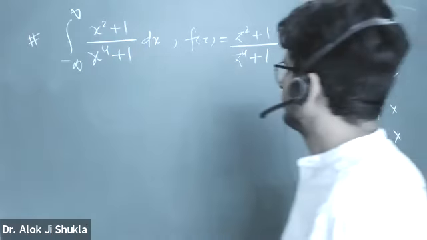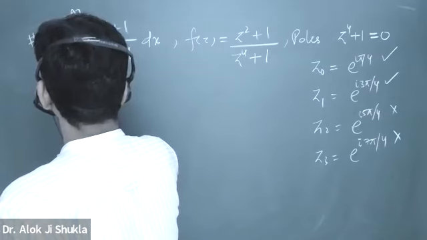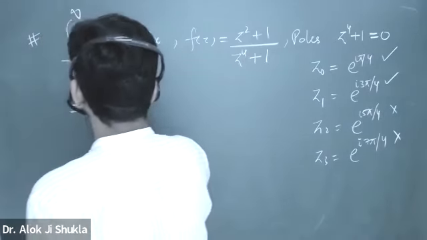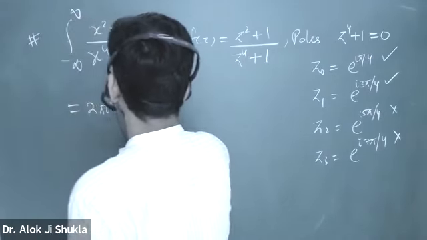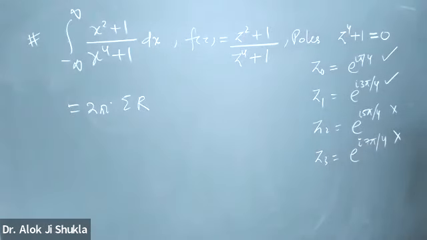So let us write the solution as 2 pi i times the sum of residues, and we have to calculate residues at all these points.